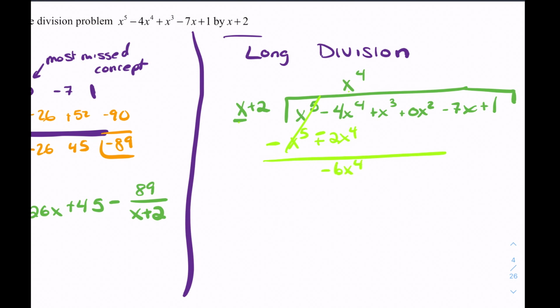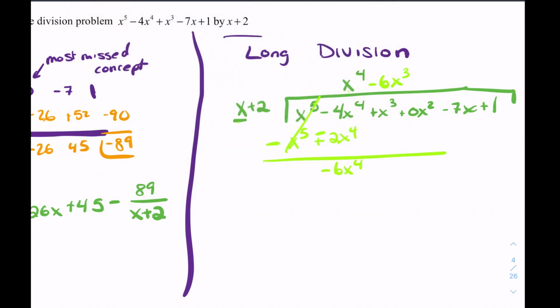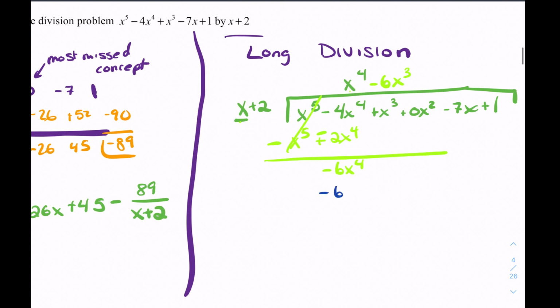We do the same thing. X times what gives me negative 6x to the fourth? Negative 6x cubed. Multiply both of these. Negative 6x, 2 times negative 6x cubed would be plus 12x cubed. Then I subtract these. So if I subtract, I change all the signs.